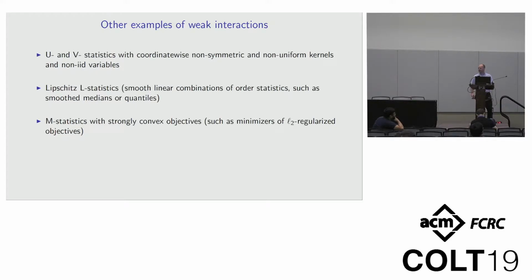For example, the empirical error of ridge regression can be seen as a nonlinear statistic. And in all these cases, we show that the functions are weakly interactive. And so our results allow us to get uniform bounds and also tail bounds almost in a plug-and-play way, because we already knew the bounds for Gaussian averages, and then by bounding the semi-norms, we readily have bounds for this nonlinear case.